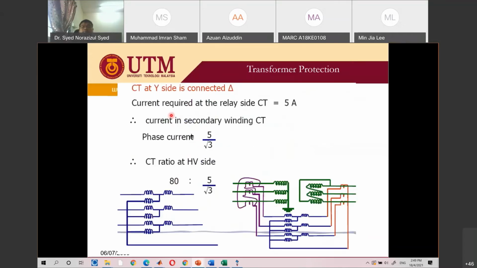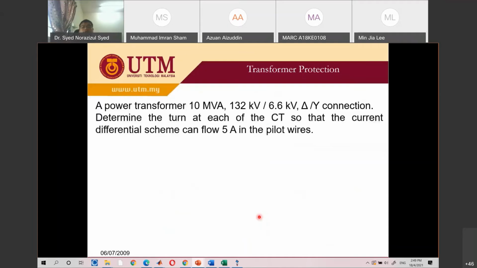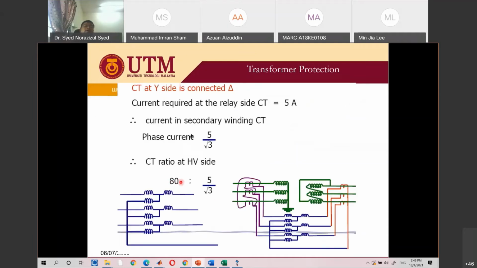The secondary is surely 5 amp. So the CT ratio at the HV side should be 80 over 5 root 3. Why root 3? Because we have a delta at the secondary CT. So this is the CT ratio at the HV side.